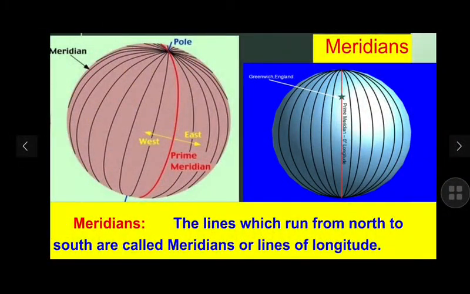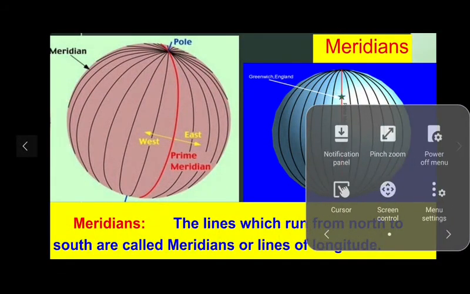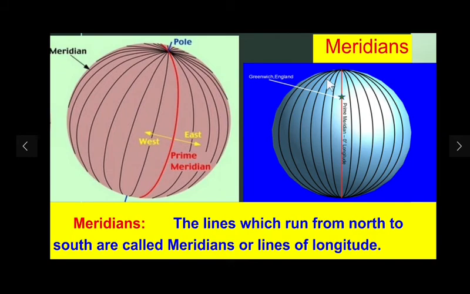When you see this picture, you can see that there are vertical lines which run from north to south. Yes, they are called meridians or lines of longitude. When you see the image, you can see that the lines are drawn from north to south, and these lines are known as meridians or lines of longitude.